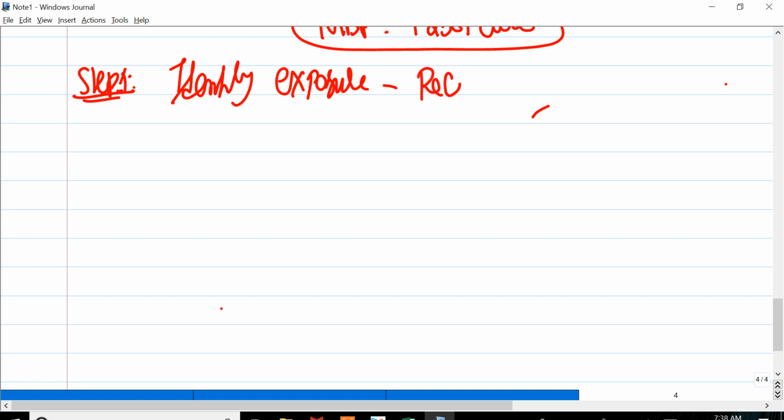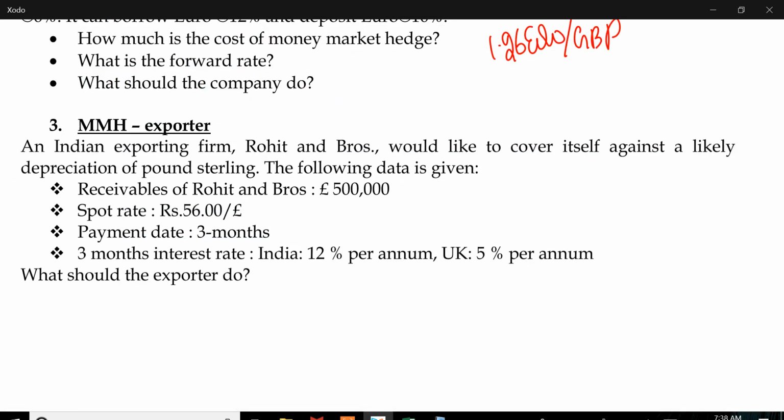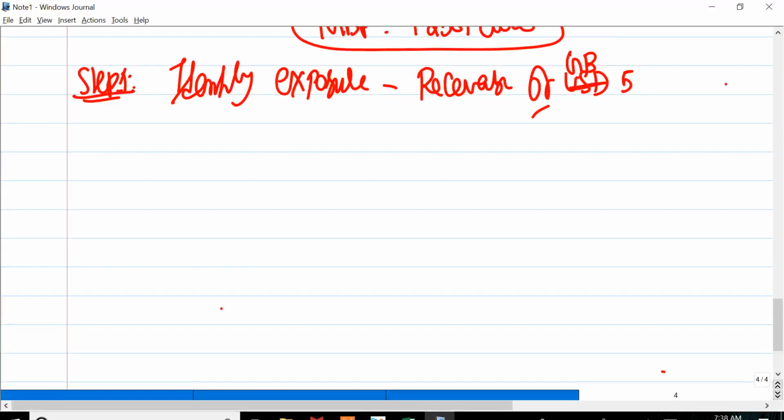Receivable of GBP or USD? Okay, GBP. Receivable of GBP 5 lakhs.